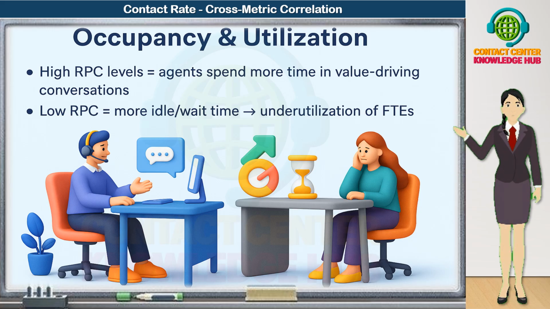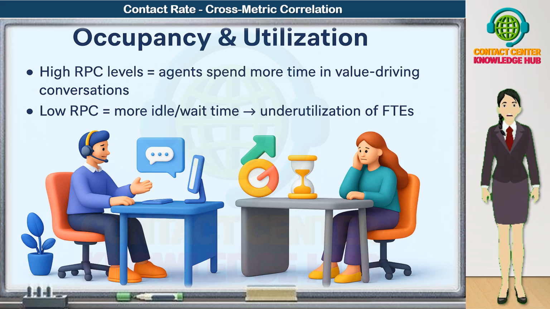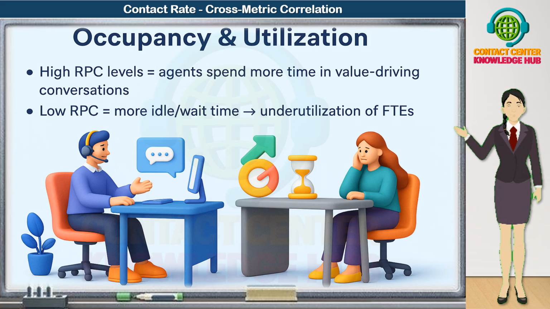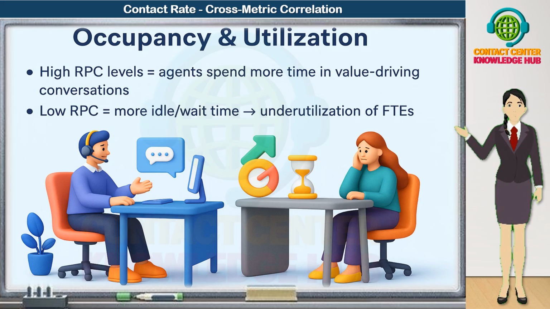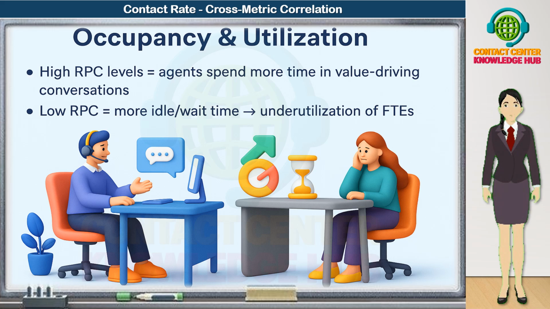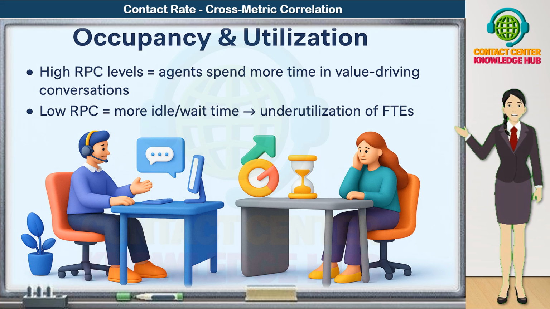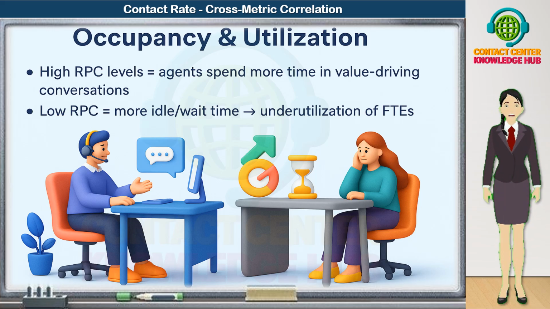This increases both occupancy and utilization, ensuring your full-time staff is being used to its maximum productive potential. However, when contact rate drops, agents spend far more time waiting between calls, dealing with wrong party connections, or sitting idle. That translates into underutilized FTEs, higher cost per contact, and declining overall efficiency.